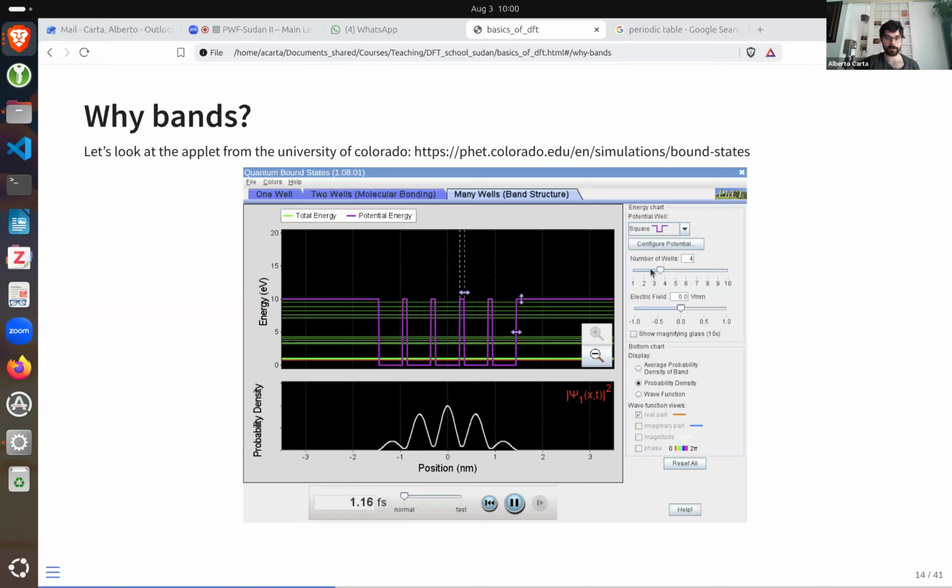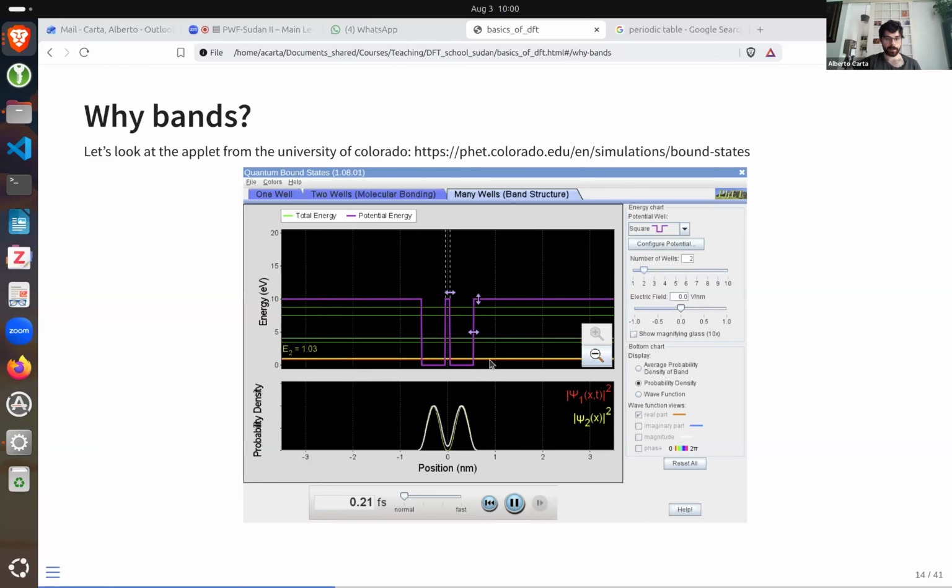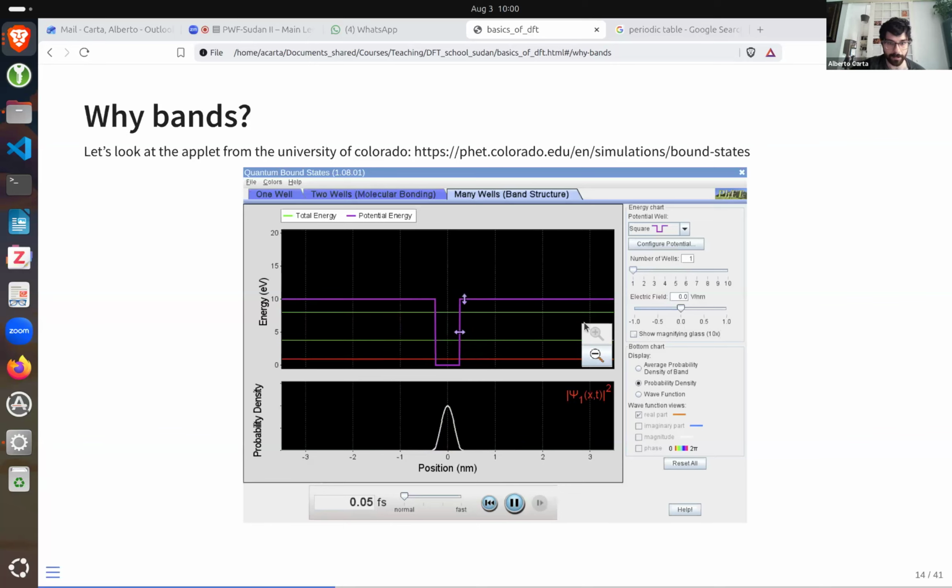Okay, so let's start from 1. Now the well is tighter, so if I have a tighter well, the bound states are only, in this case, 3.